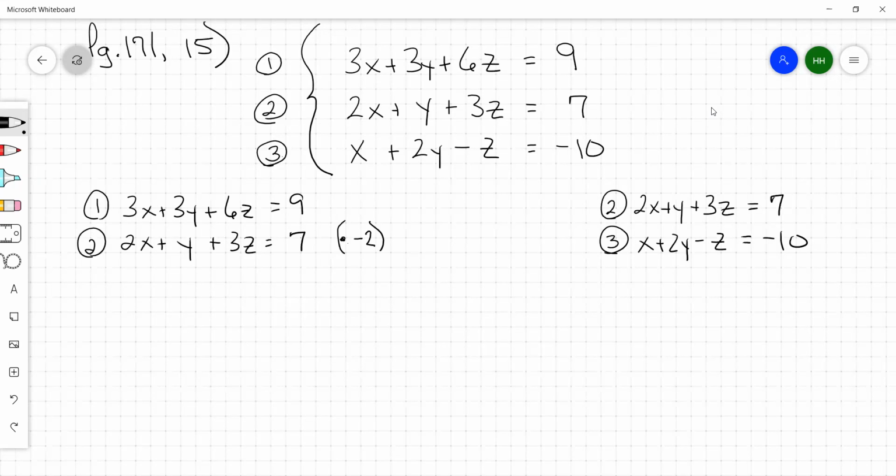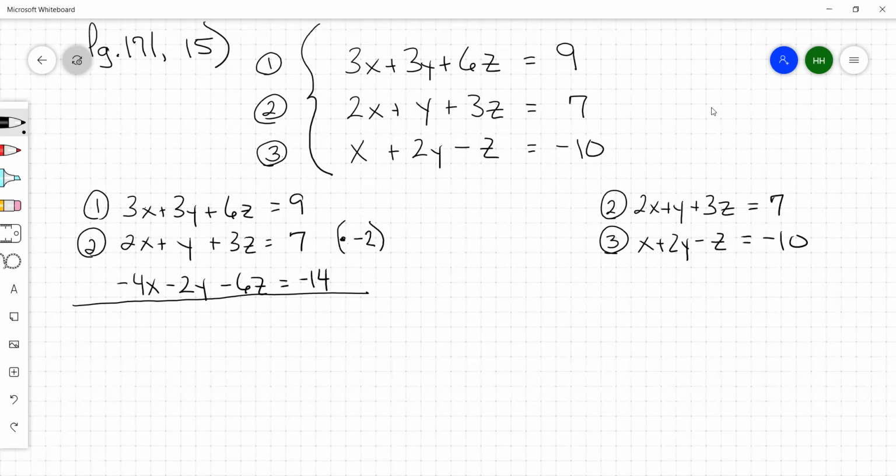So when I take that equation and I multiply it by negative 2, I get negative 4x minus 2y minus 6z equals negative 14. That's my new number 2. So now I'm going to combine 1 and my new 2.